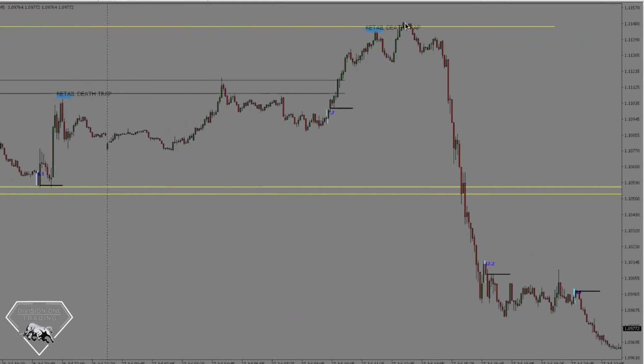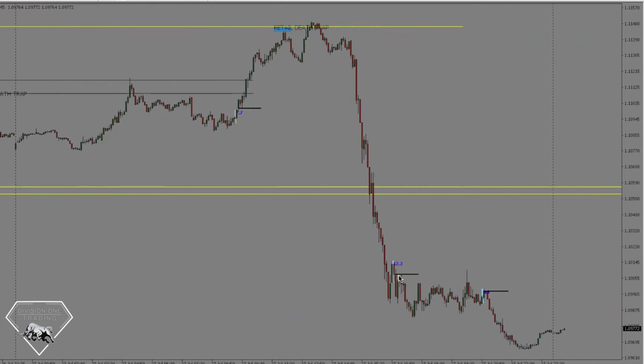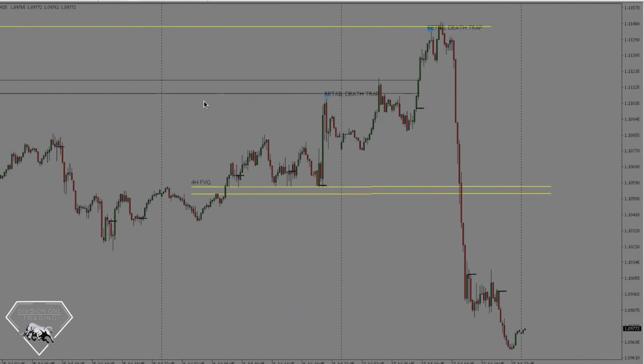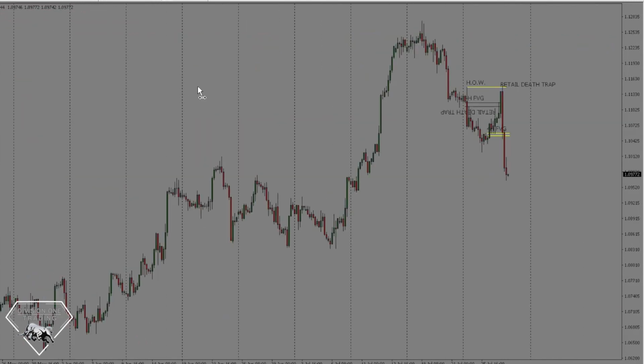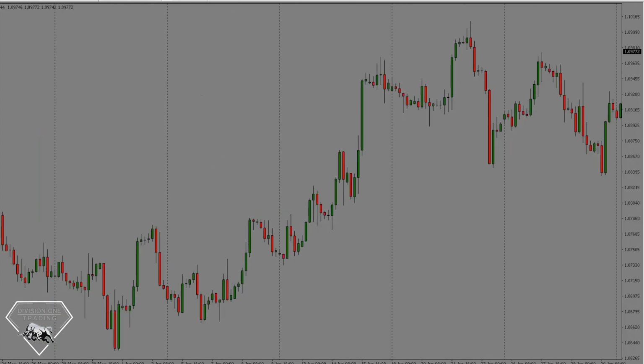Yeah, so you can see we ran it, retail death trap. We really just dumped. We kind of sat here around our 4-hour fair value gap and then got a couple more trades. And to that downside, we really don't have any context there, but let's see.